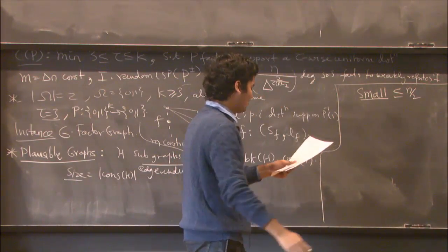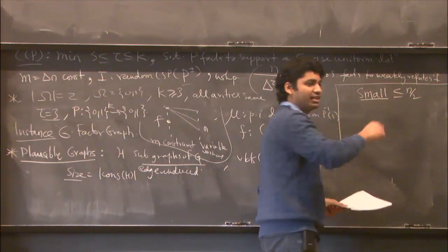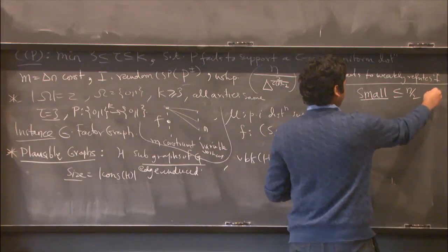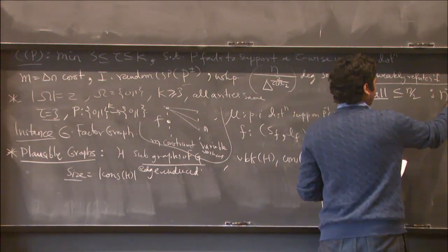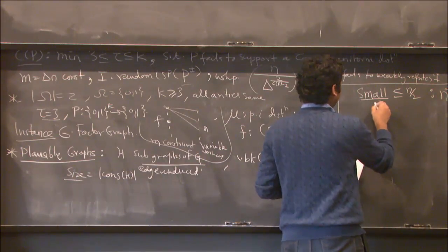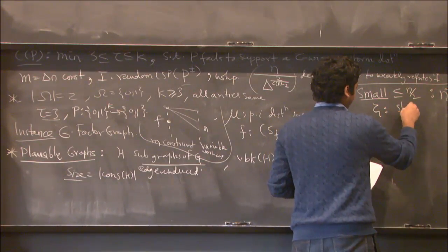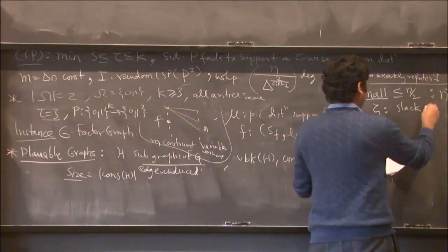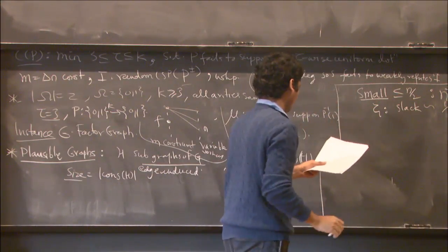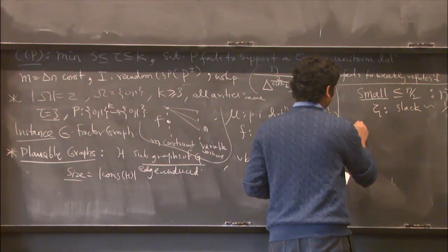This relates to the degree lower bound you end up proving, or the width lower bound in resolution, etc. If you want to think of it as some concrete number, you should think of it as n to the omega of 1. And then I have a slack parameter, which you should think of as 1 over log n. So here is the plausibility assumption.